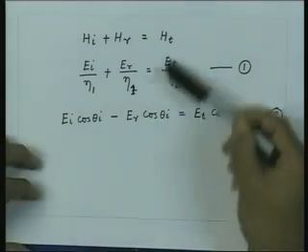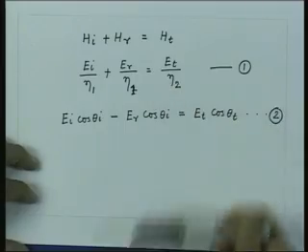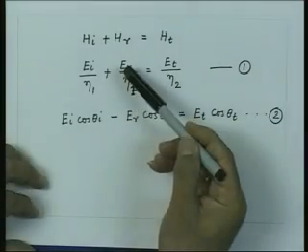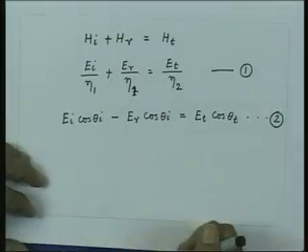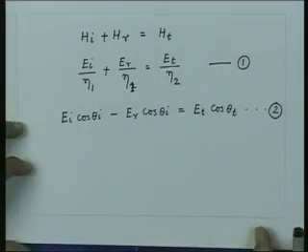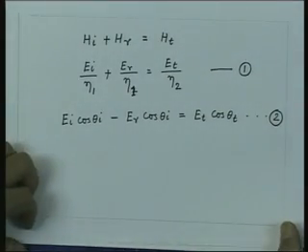And again by solving these two equations, we can get a ratio of Er by Ei, which is the reflection coefficient, and Et by Ei, which is the transmission coefficient.